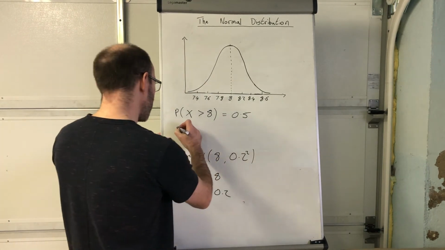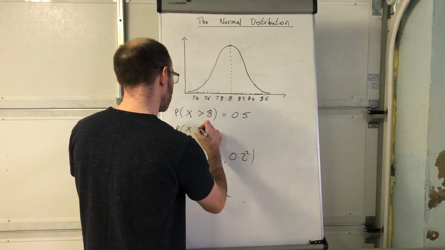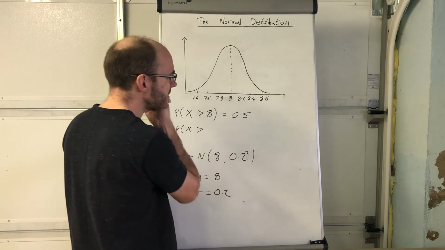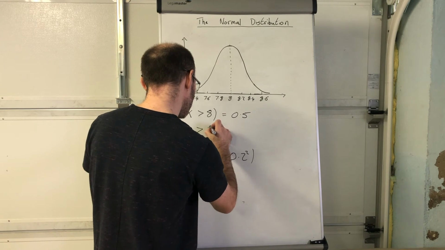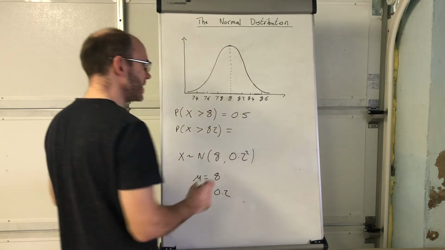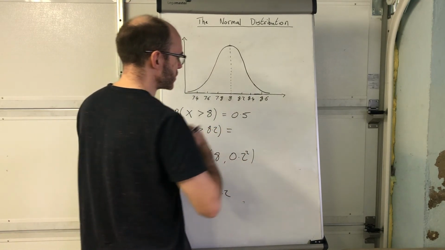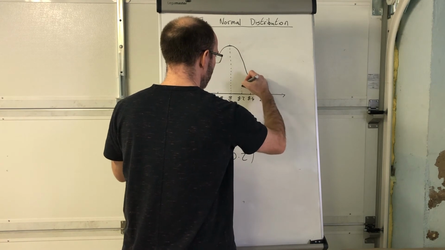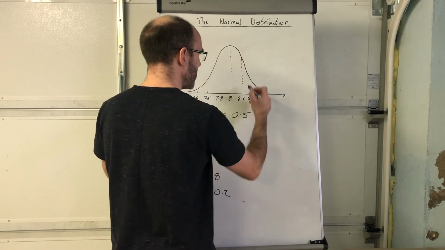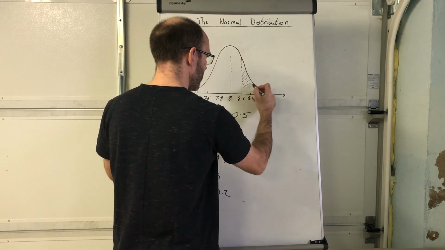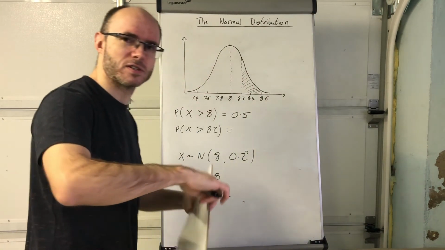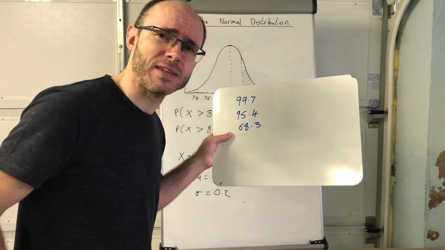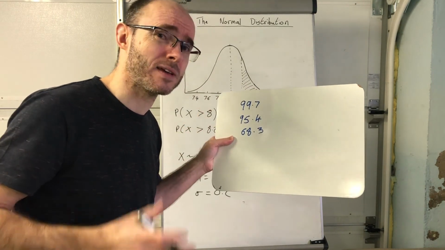What if I asked you to work out the probability that x was greater than, say, 8.2? Okay, I'm choosing an easy value. So 8.2 is there, isn't it? Let's just put it in. Now, in terms of shading, I'm after you to work out that bit there. What you need to know and use, I've just noted here because I can't remember the exact values to one decimal place, if I'm honest.